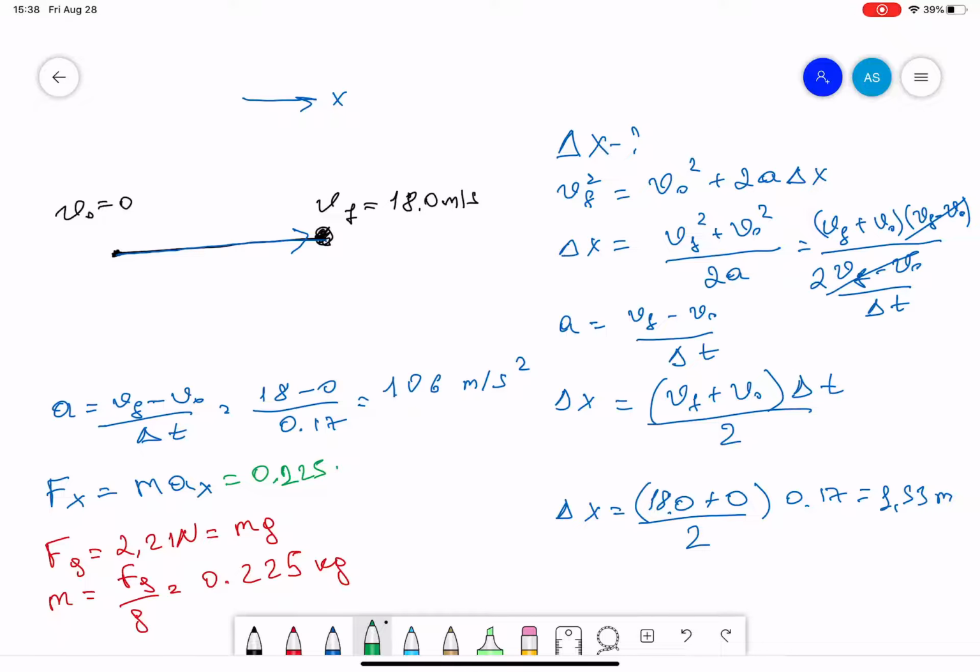You should get that the force in the x direction is 23.9 newtons.